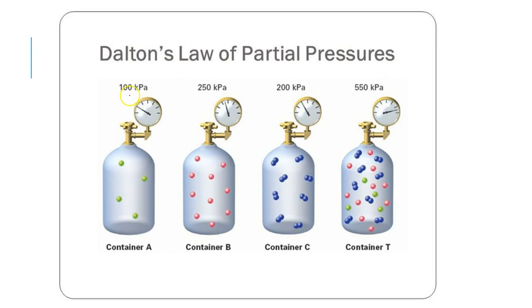If I have container A at 100 kilopascals, container B at 250 kilopascals, container C at 200 kilopascals, and I combine each of these into one container with the same volume and at the same temperature, the total pressure is simply 100 plus 250, which is 350, plus 200, which equals a total pressure of 550 kilopascals. Hopefully that is fairly intuitive and makes a bit of sense.